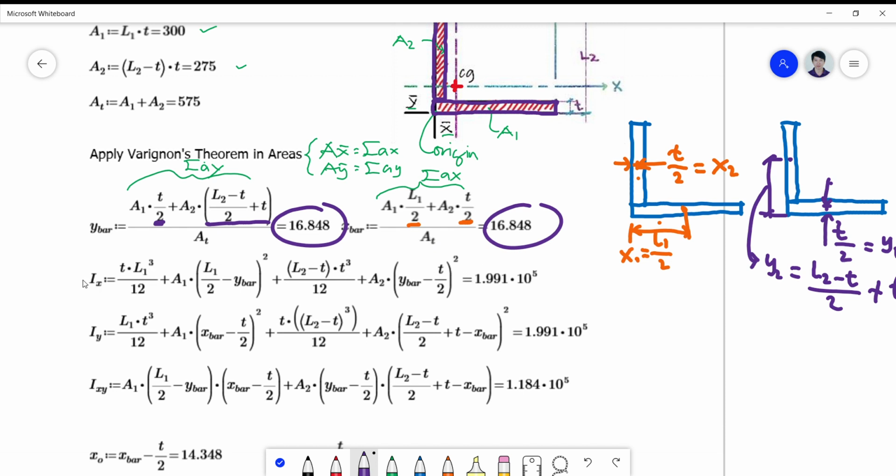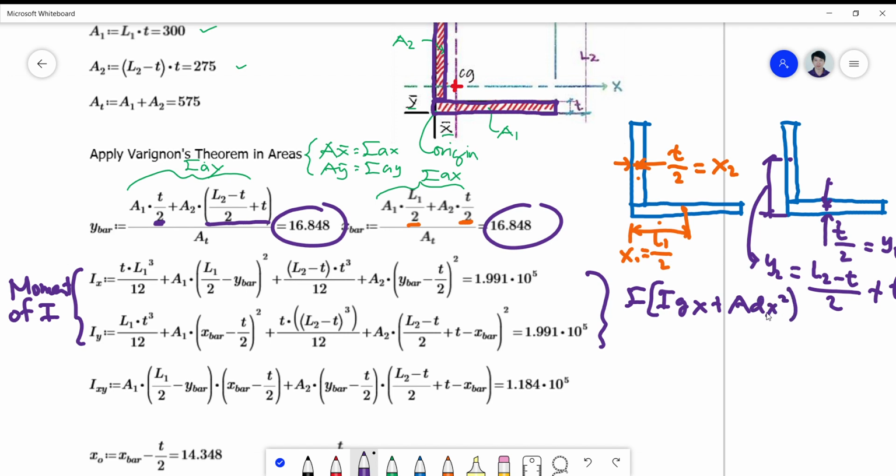So for your moment of inertia, your Ix and Iy follow the formula which is equivalent to the summation of Igx plus A dx squared, and for y we have the Igy plus A dy squared.